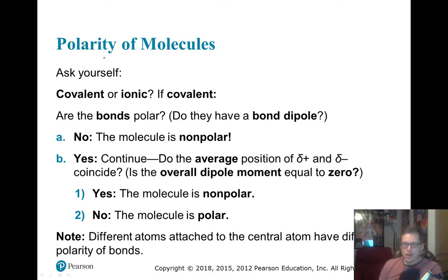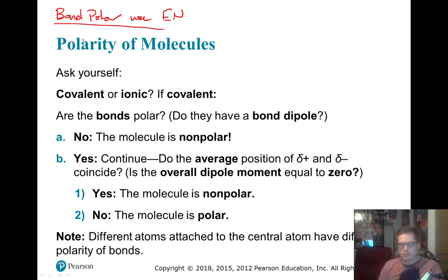So when you're finding out whether or not a molecule is polar, just take one step back again. We talked about whether or not a bond was polar, right? We used electronegativity for bond polarity.